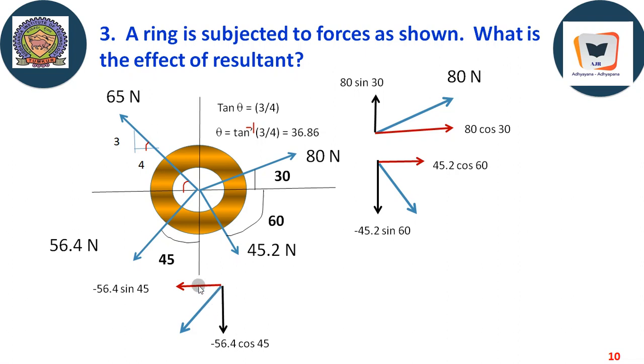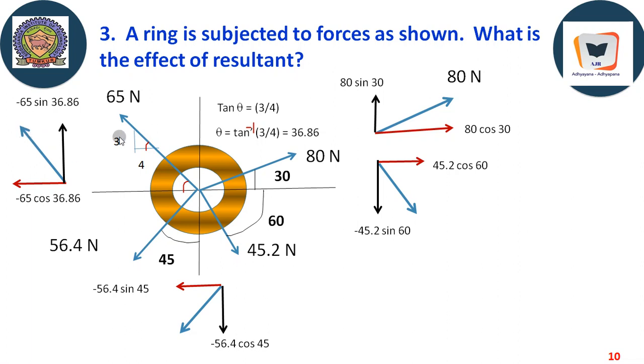Therefore this will become sine theta and this will become cos theta. Okay, 56.4 minus, because it is going leftwards and this is going downwards, 56.4 cos 45, and this is the resultant.